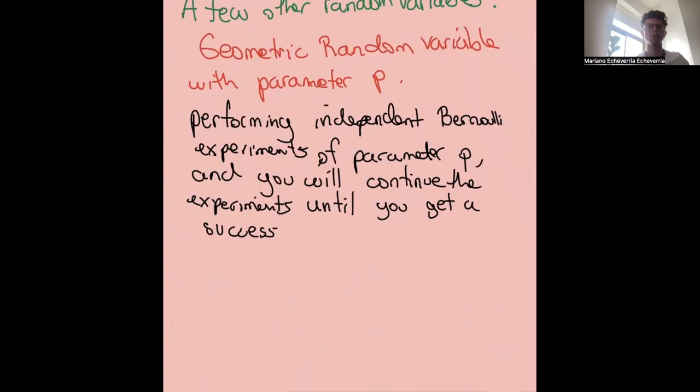Okay, so what do I mean by this? Again, you could imagine you're throwing a coin, and a success for you means getting a heads. In this random variable, or in the experiment that we're doing, the first moment you get a heads, you stop throwing the coin.